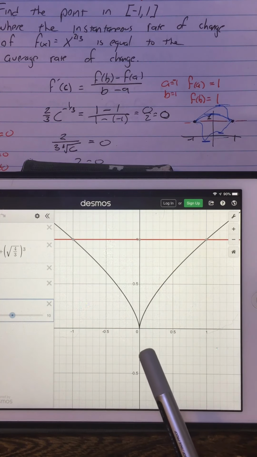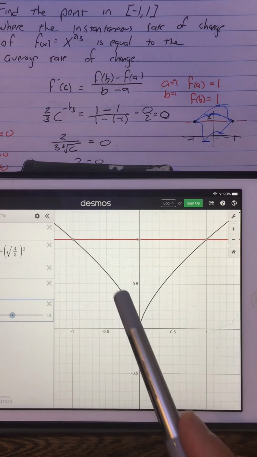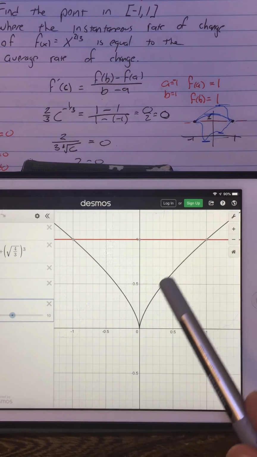So all negative slopes, all positive slopes, undefined slope, there's no place in this interval where the tangent line is parallel to the secant line. So no, there is no such point.